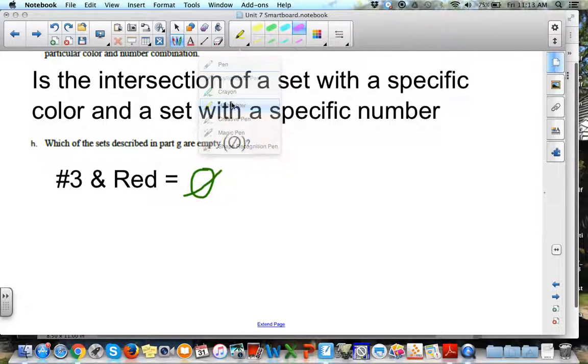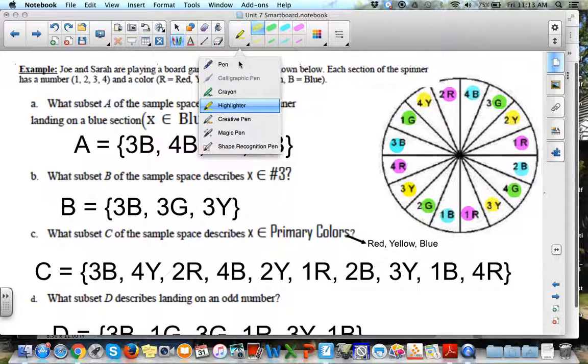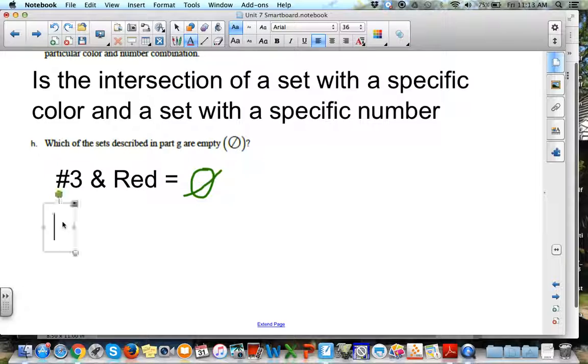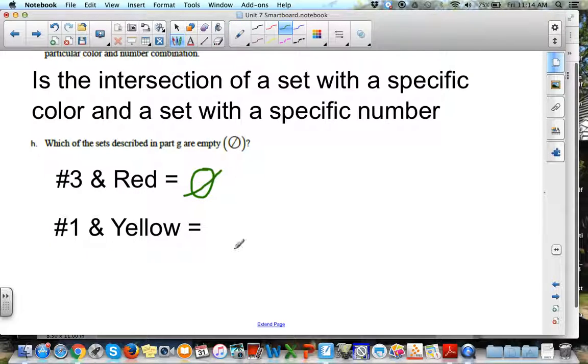And then if we go back and check our yellows, we have 2 3s, we have a 2 and a 4. So we're missing a 1. So that's going to be another empty set. Number 1 and yellow is an empty set.